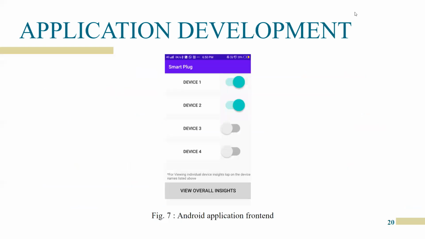So this is just the demo of the UI for the front-end application that we have developed. In this application, there are 4 switches with which we can easily turn these devices on and off, and there are 1, 2, 3, 4, 5 buttons. When we click on device 1, we can see the insights about these devices: the voltage, the current, the power factor, and even the energy consumption.